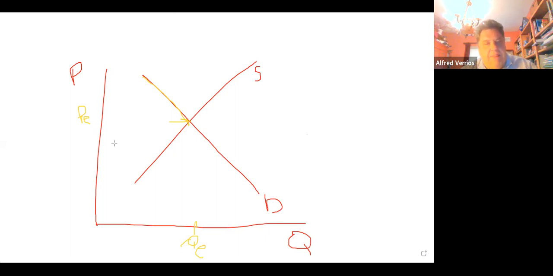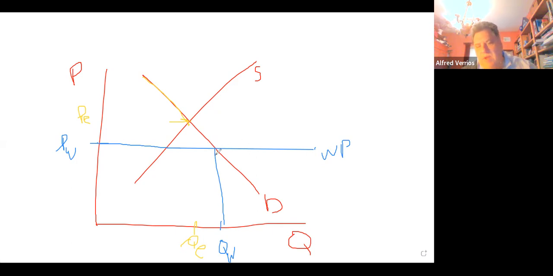So as soon as this economy opens up to international trade, the rest of the world, we have a PW and another QW, which is the quantity and the price that, when we open up to the world price, which is this here, W P. So this world price, when we open up to it, that's where we are going to be selling at that price. And this is the quantity.